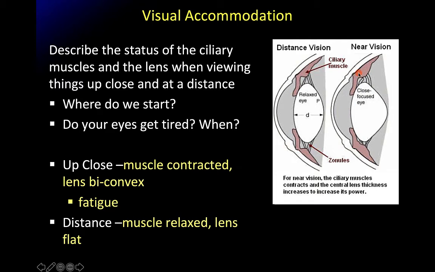So in order to see things up close, we need to contract our ciliary muscles. Now, I can contract my ciliary muscles. That's going to work just fine. When we do contract our ciliary muscles, we relieve tension on the suspensory ligaments. I can do that just fine.